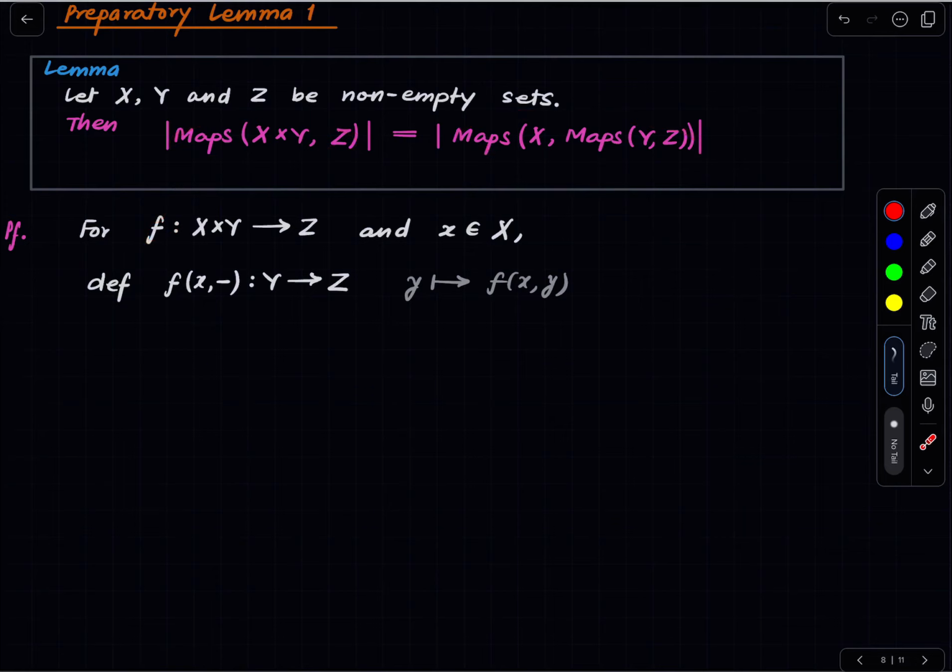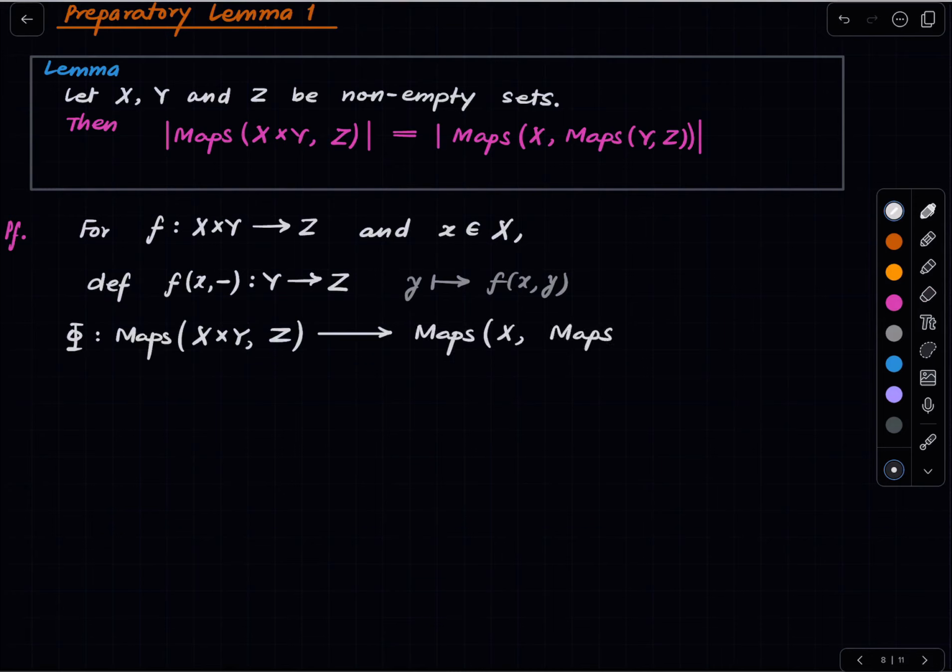As of now, for a function of this sort and an element of X, we have just defined a function from Y to Z. And now define capital Phi from this set to that set as f going to the function which takes little x to f(x, blank).